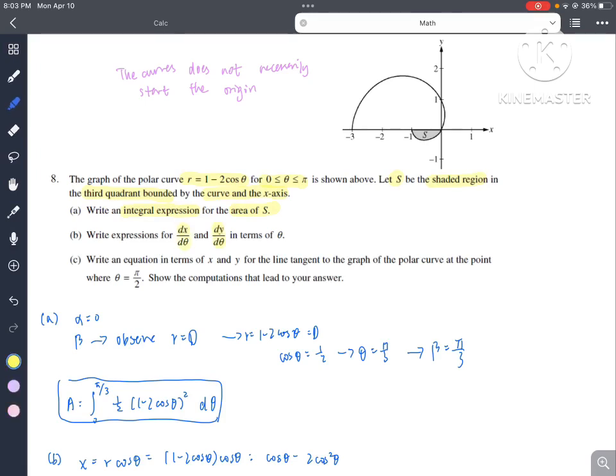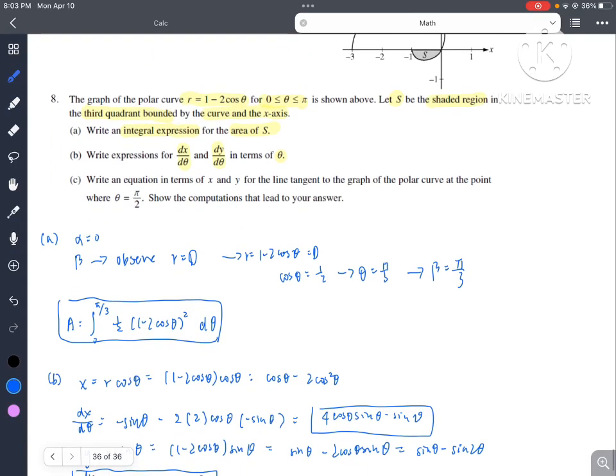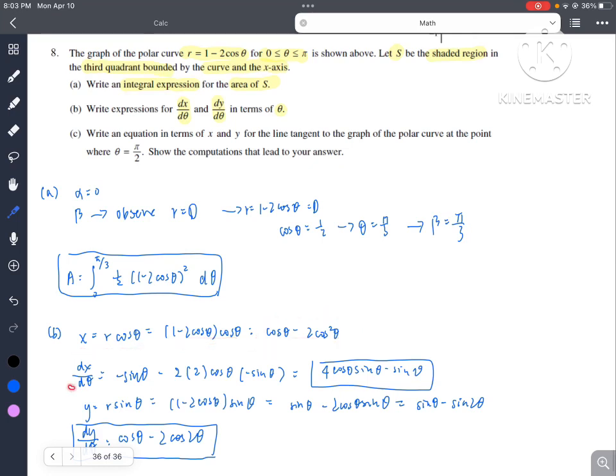We are trying to find dx d theta and dy d theta in terms of theta. So we can first write x as r cosine theta and then expand this expression, and then we will just take the derivative. This one is just trig identities. This one is power rule: you bring down the power and then it becomes to the power of 1.